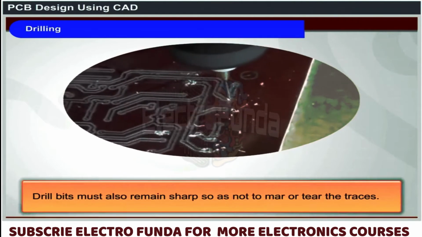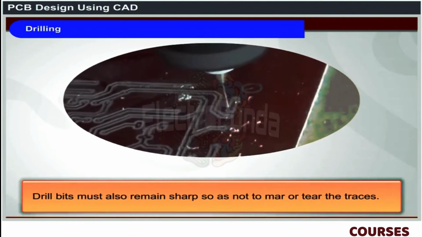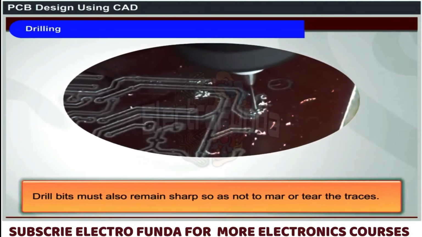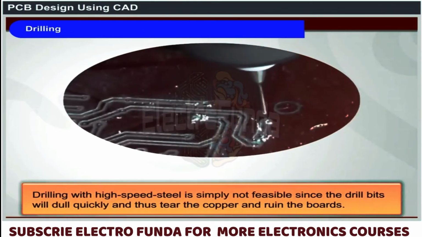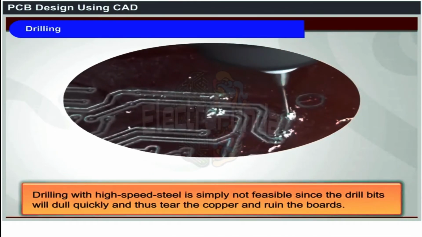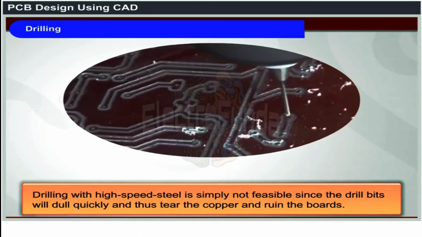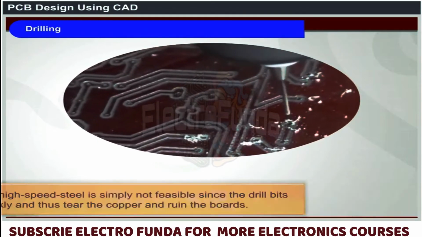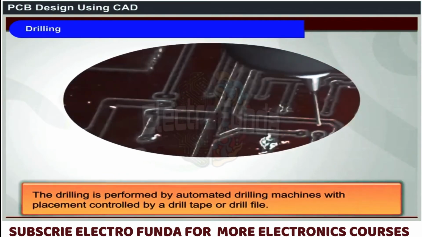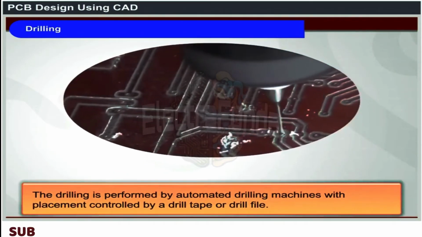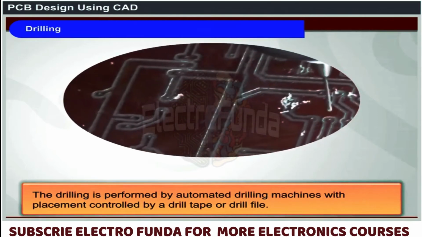Drill bits must also remain sharp so as not to mar or tear the traces. Drilling with high-speed steel is simply not feasible since the drill bits will dull quickly and thus tear the copper and ruin the boards. The drilling is performed by automated drilling machines with placement controlled by a drill tape or drill file.